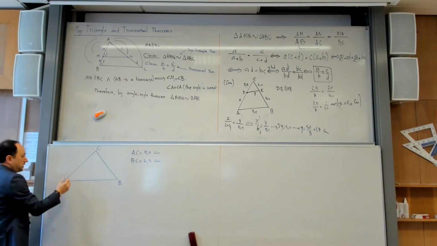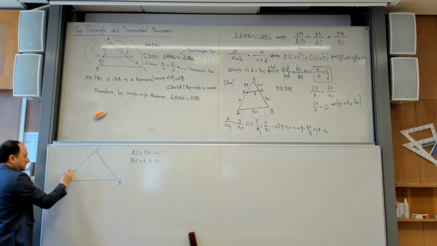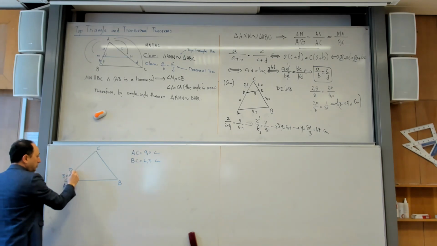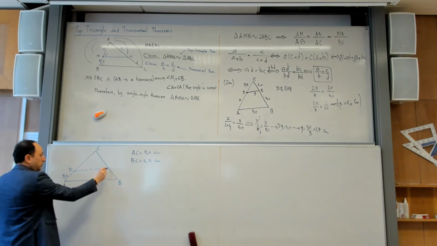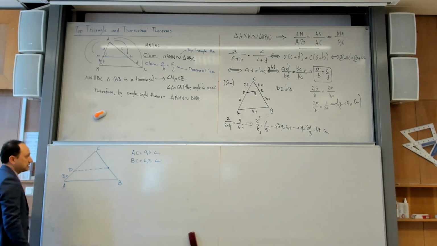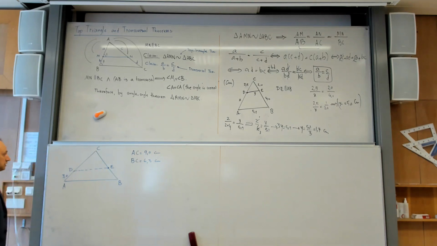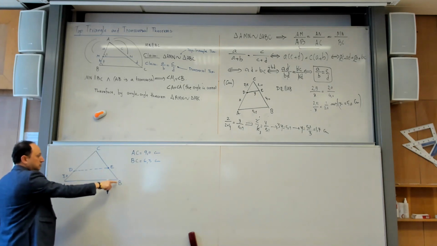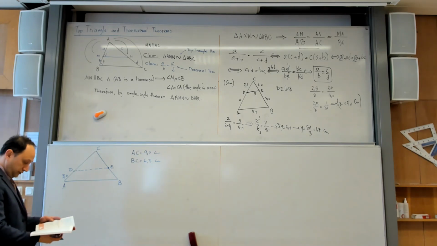So what does it mean? It means that I will find a point on AC, let us call it D, whose distance from A is 3. From this point, I draw a parallel line to this side. It will intersect the other side at some point E. You want to calculate the distance of E to B. But is it enough for us or not?